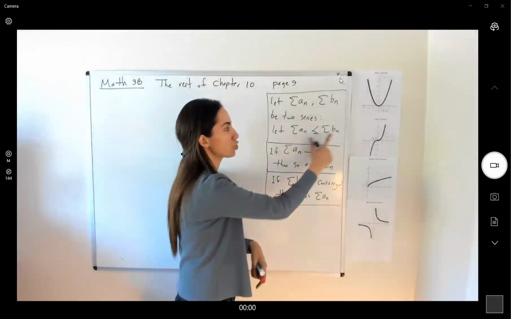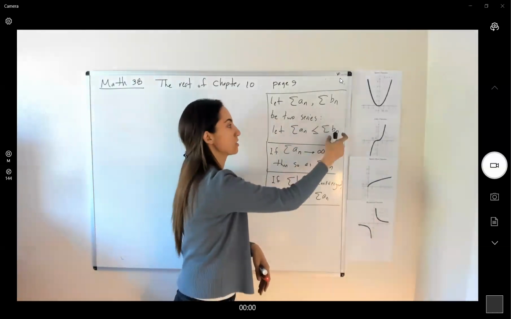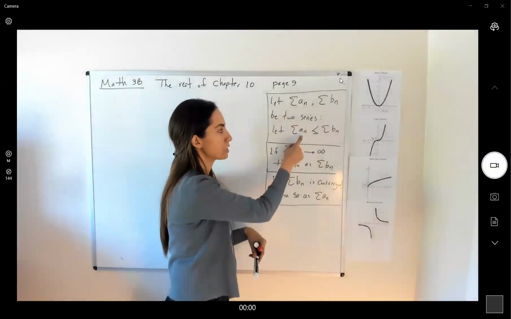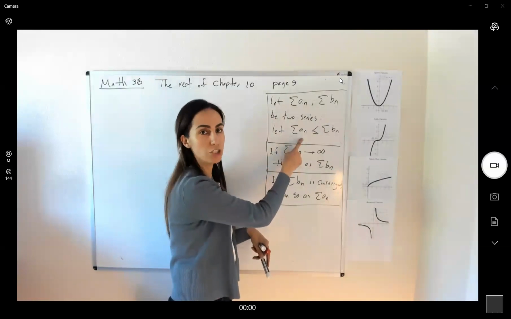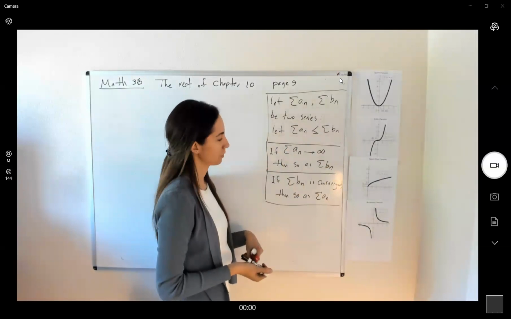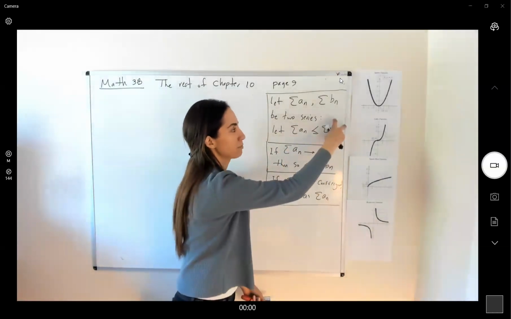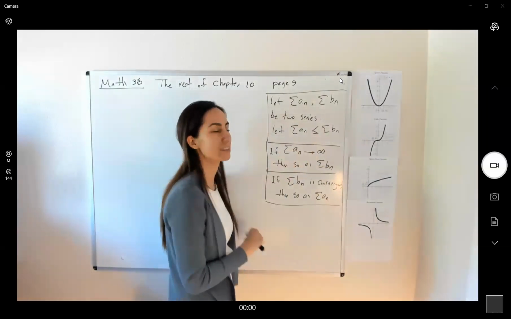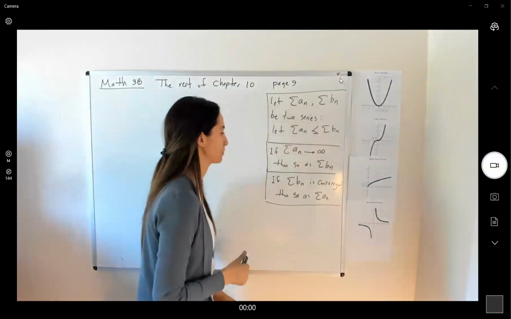First of all, you need to make sure the first series is less than or equal to the second series. Then, if the smaller series is a divergent series, then for sure the larger series is divergent. But if the larger series is a convergent series, the smaller series is also convergent.